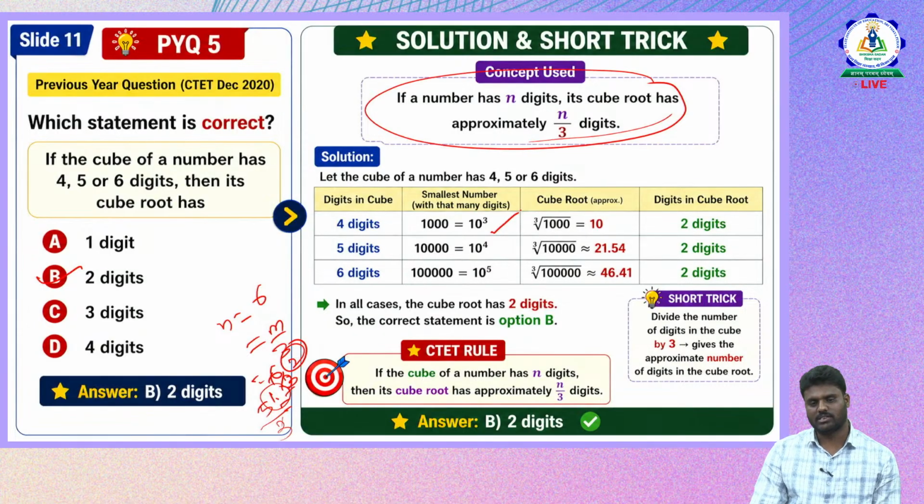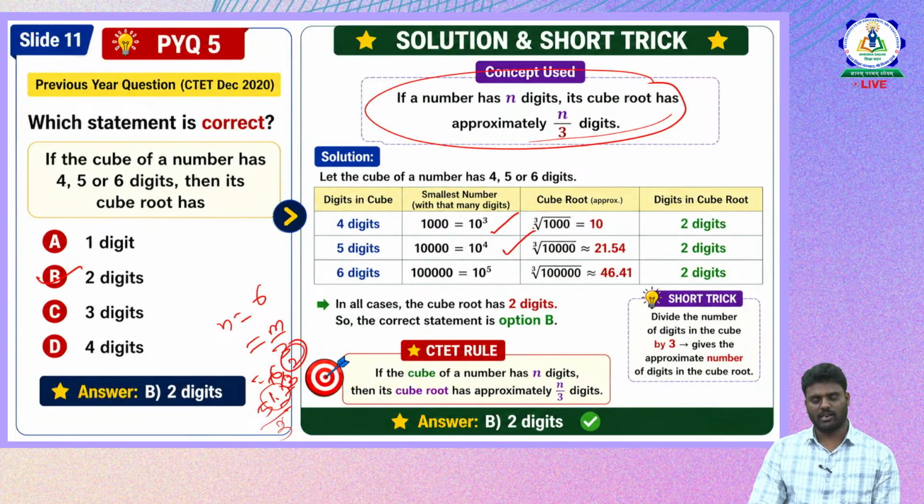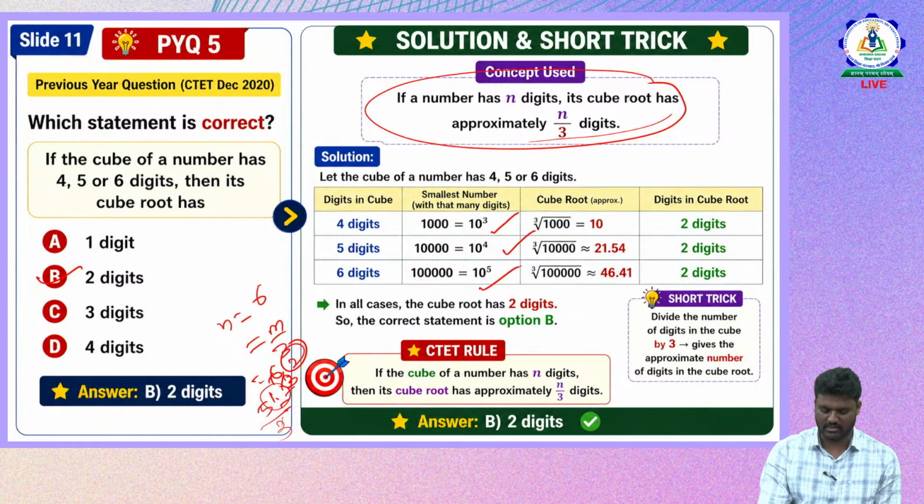The smallest 5-digit number is 10,000, which is 10 to the power of 4. Similarly, the smallest 6-digit number is 1 lakh, which is 10 to the power of 5. Now for each, how many digits does the cube root have? Only 2 digits.